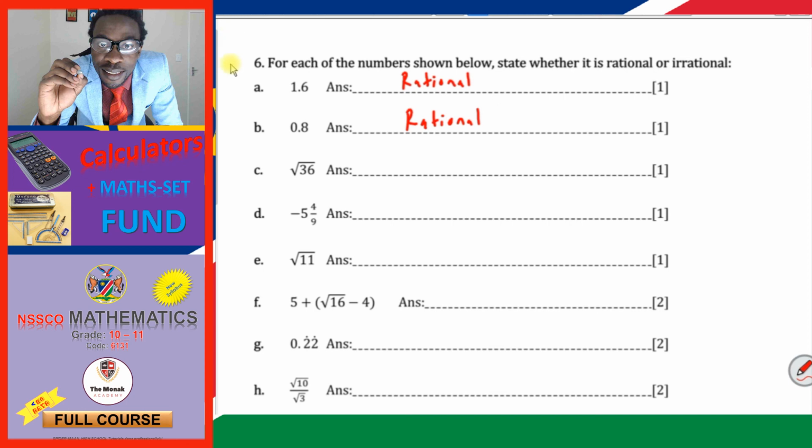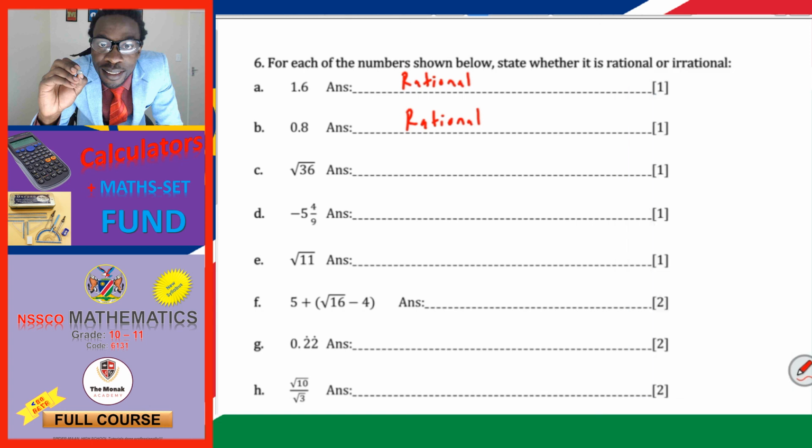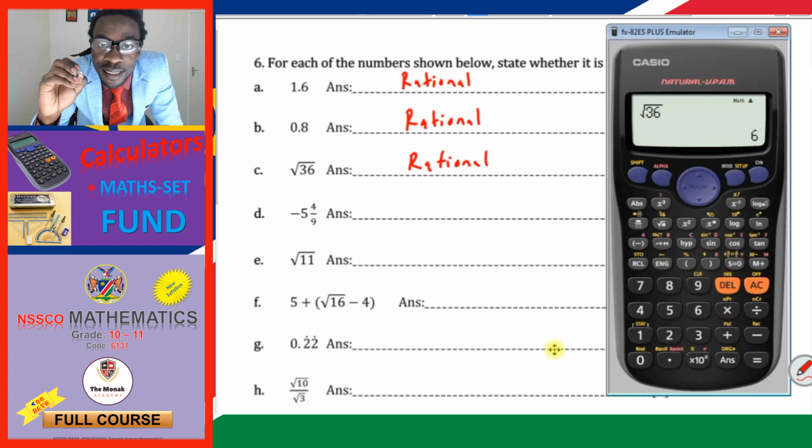Root 36, we said we just use a calculator and see if there is anything funny. There is nothing funny. Root of 36 is 6, so it is also a rational number. How about negative 5 and 4 over 9?